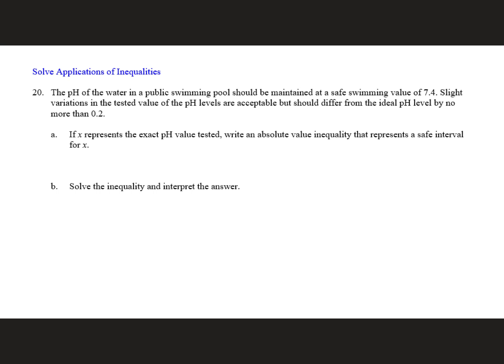And so how would I solve this? Well, the absolute value, remember, is the distance away from 0. Well, we want the distance from X, which is the normal is 7.4. So we want the difference between 7.4 and X. We need that to be less than or equal to 0.2 because we need the difference to be less than 0.2. And again, this is the and that gives me my interval I'm looking for.